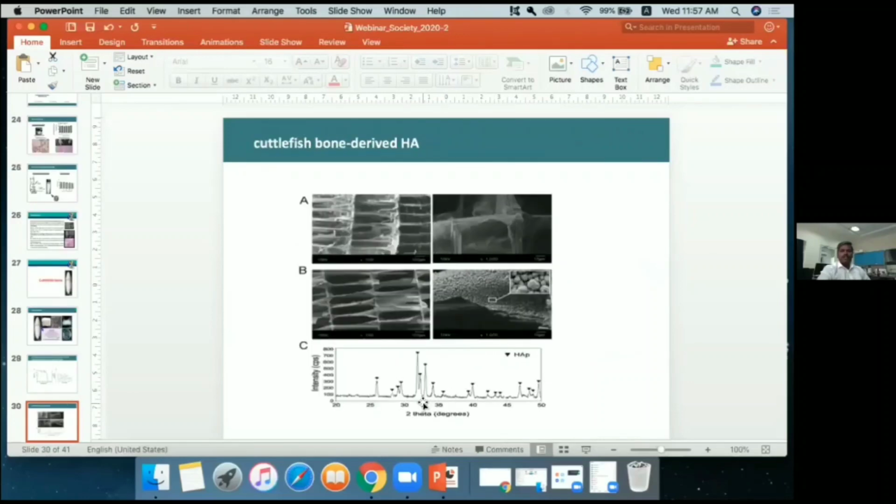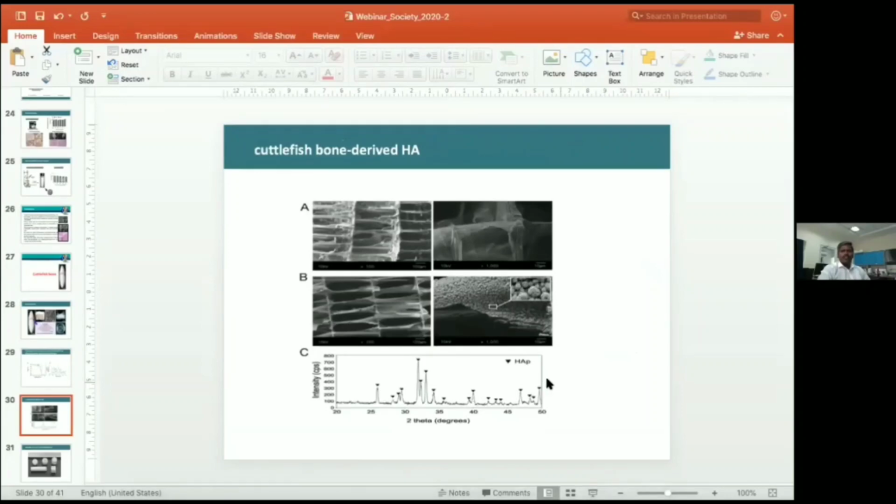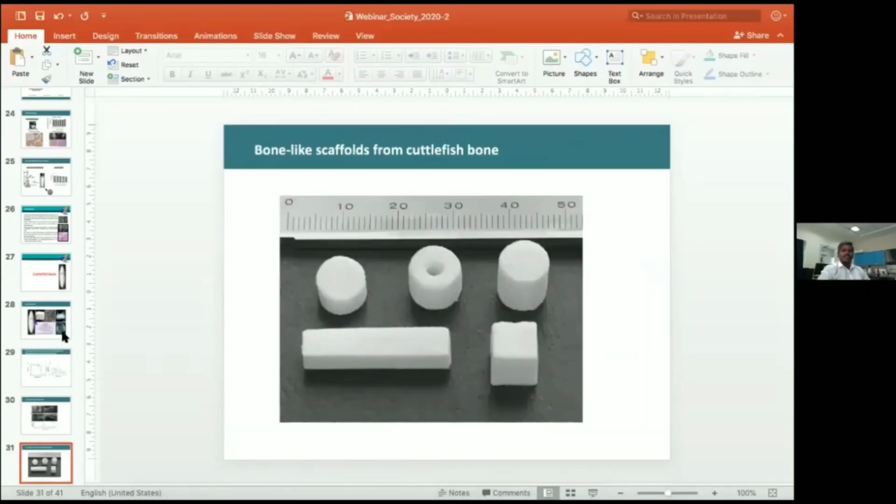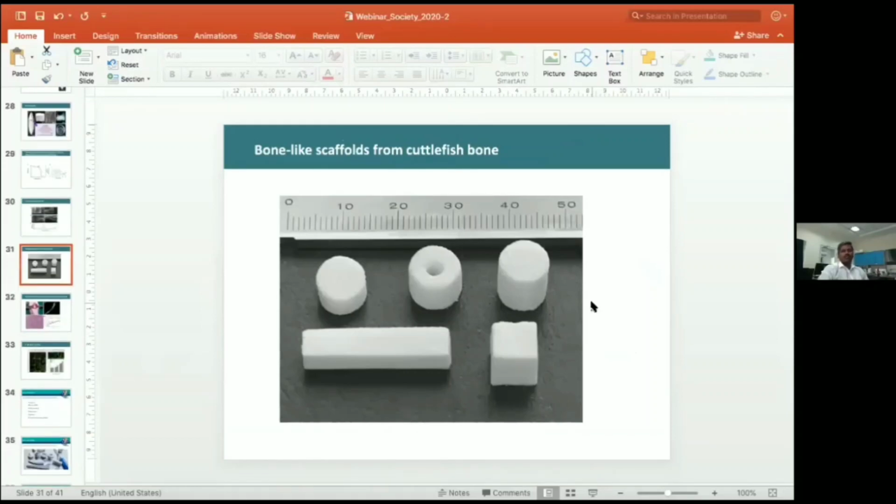We can see the hydroxyapatite peaks around 31 to 32, and this confirms that the developed hydroxyapatite is very pure in nature. And we can develop it in any size, like a rectangle or square or even double shape or even spherical shapes. So any shape we can develop based on the person's requirement.